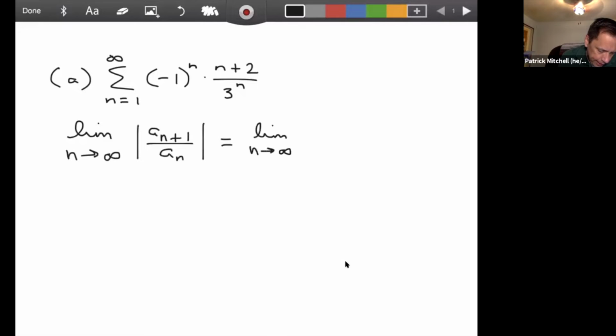So in this case, a sub n plus 1 is equal to negative 1 to the n plus 1 times n plus 1 plus 2. You know what? I think I'll just show all my work here. Sometimes, depending on this general term, it's tricky replacing n with n plus 1, believe it or not. You have to be careful.